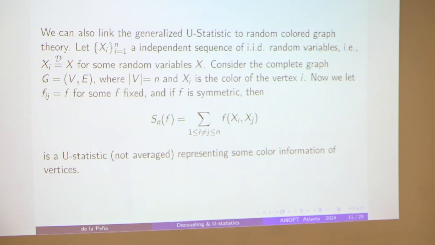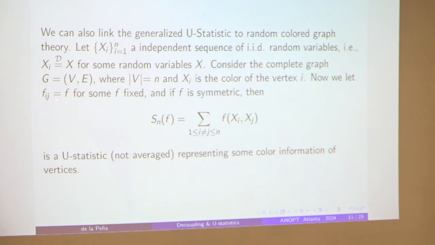Now, here's an example of random graphs. You can use this to study random graphs. So consider a complete graph. We have x_i IID variables. Consider the complete graph G equal to (V, E), where the number of vertices is n, and x_i is the color of the vertex.